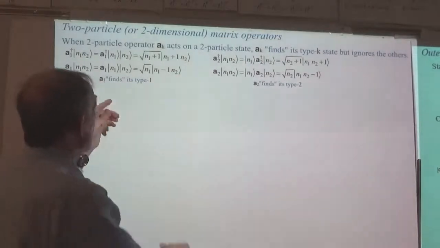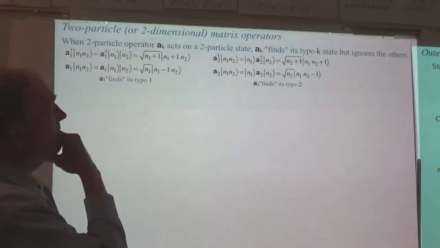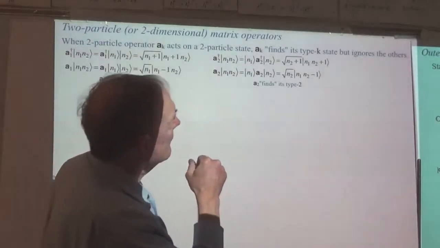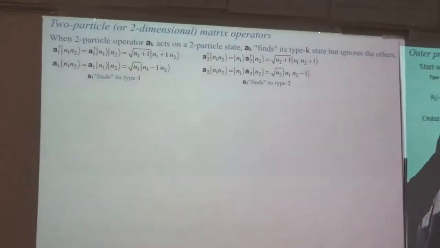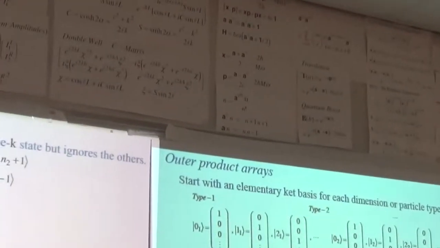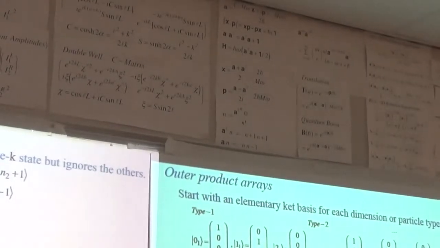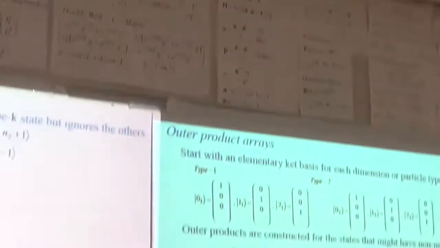This is one dimension over here with the relations that are written up on the wall there. I forget where they are actually right now, but if we look right here, these are the general connection relations for states and operators. We got one dimension and then the second dimension, okay?